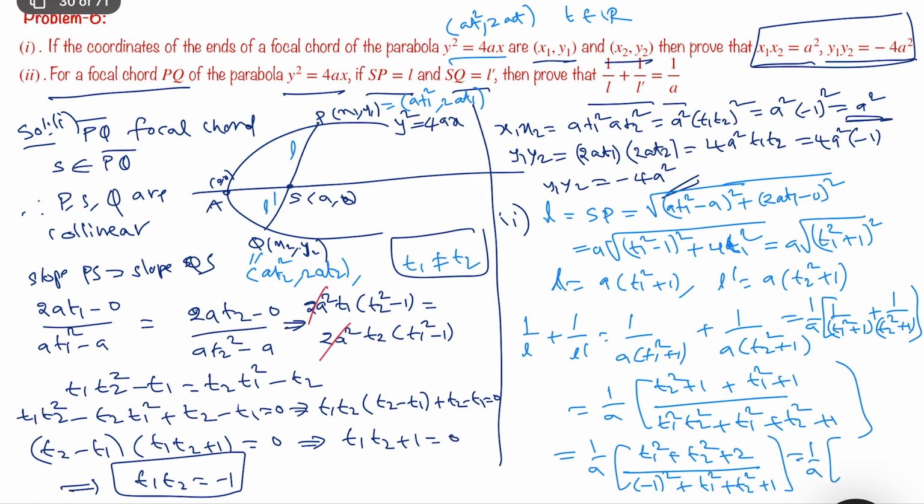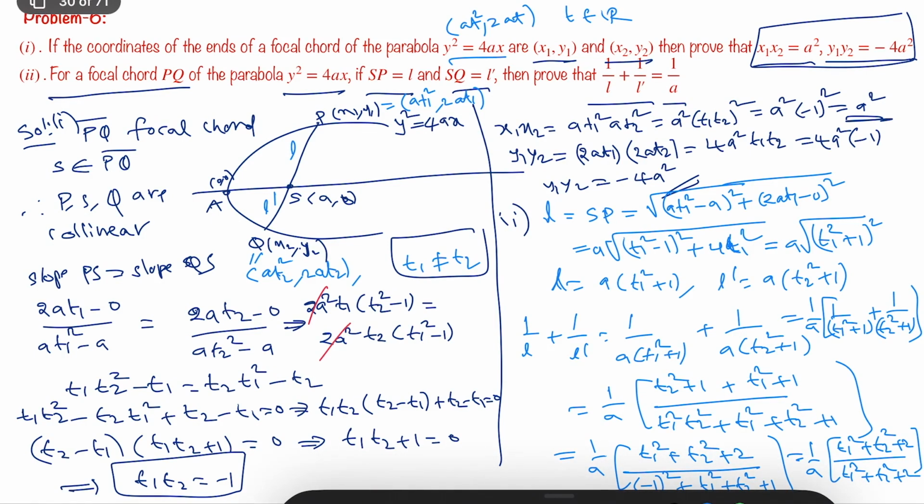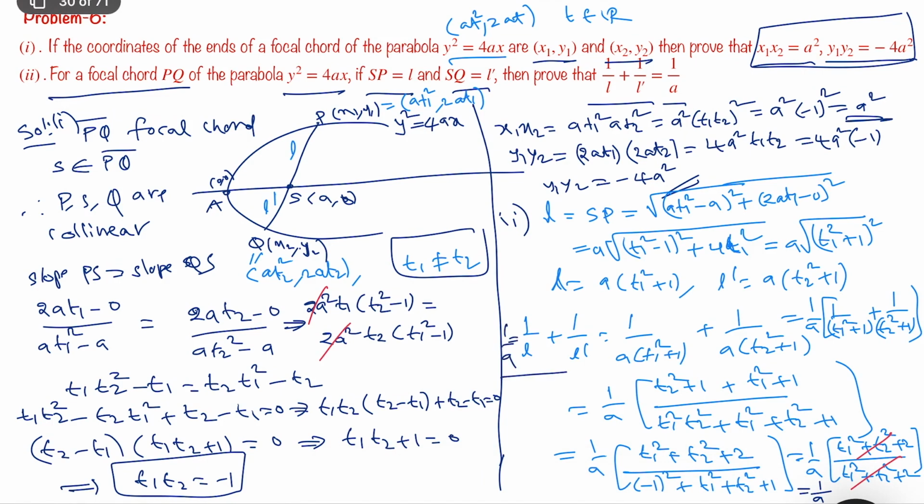In the numerator we got t1 square plus t2 square plus 2. The denominator also same thing, we got t1 square plus t2 square plus 2. So these two get cancelled. So we have this equal to 1 by a. So 1 by L plus 1 by L dash equal to 1 by a. Okay, fine.